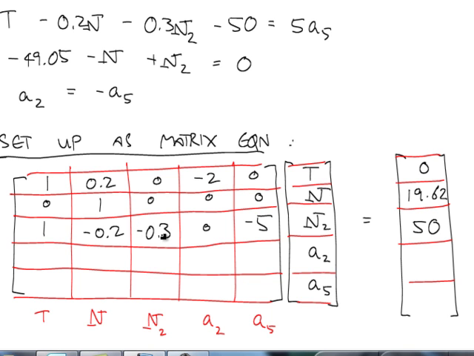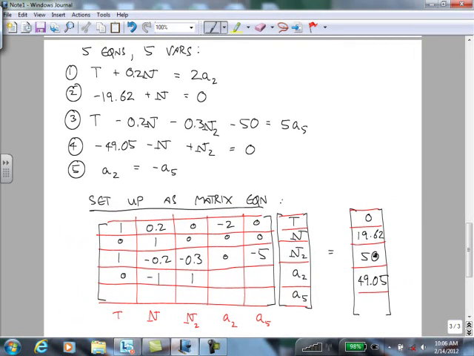So this is a 0. The fourth equation says negative 1n, positive 1n2, and the constant is positive 49.05. So these are all zeros.